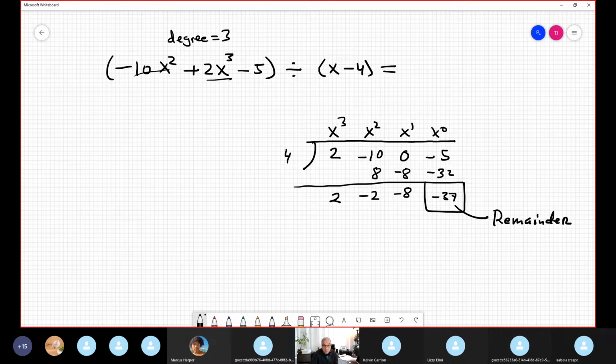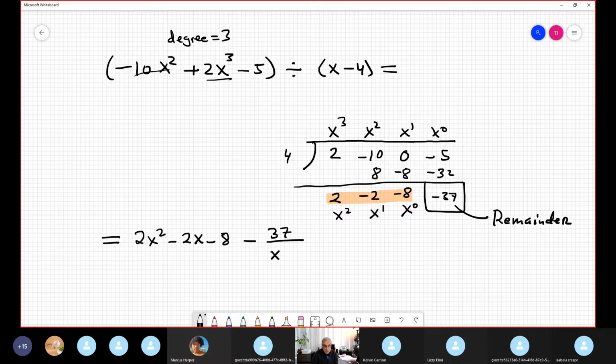However, how do you write the final answer? The final answer is this polynomial. I always list it like that. This is x to the 0, x to the 1, x to the second. So the answer is 2 x to the second minus 2x minus 8, minus the remainder, which is 37, divided by the divisor, which is x minus 4.